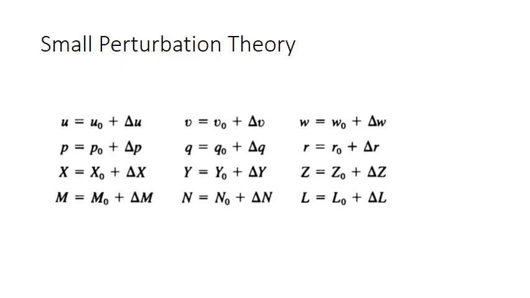In other words, with the assumption of wings level straight line flight for the initial trim or steady state condition, this implies that V0 equals P0 equals Q0 equals R0 equals phi naught equals epsilon naught equals 0. Moreover, if we initially align the x-axis so that it is along the direction of the airplane's velocity vector, which is called the body fixed stability axis, then W0 is also equal to 0.